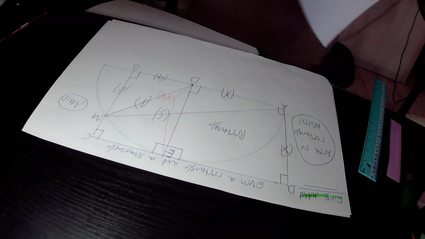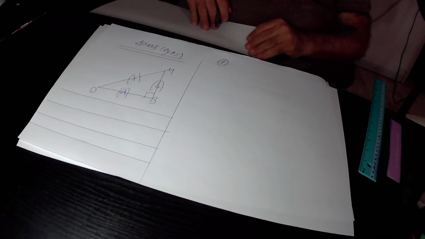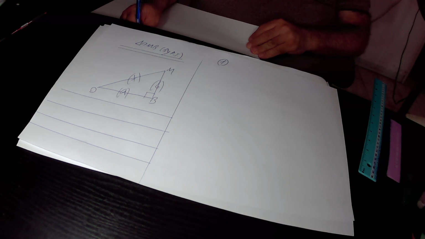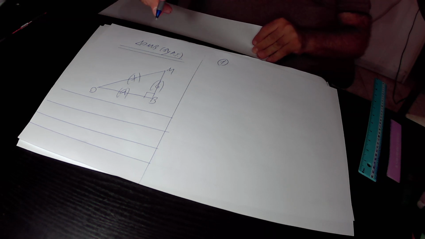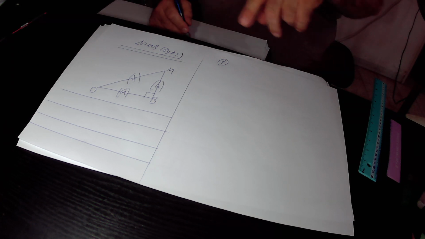So this is the right triangle OMB from the original drawing. According to the Pythagoras theorem, in this right triangle OMB, MO square, the square of the hypotenuse, equals MB square plus BO square.